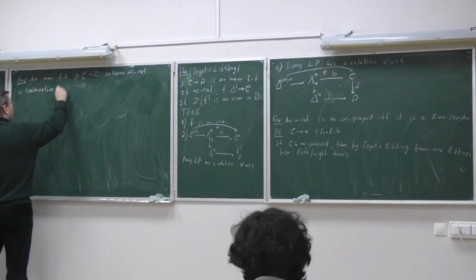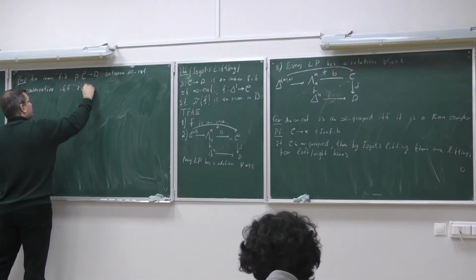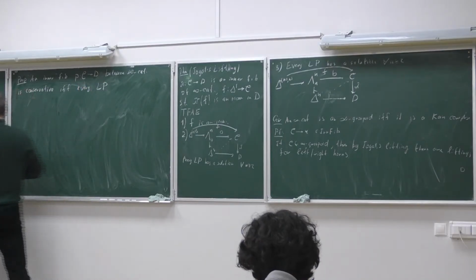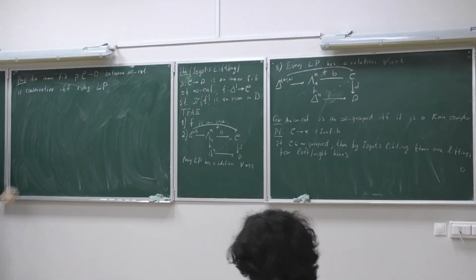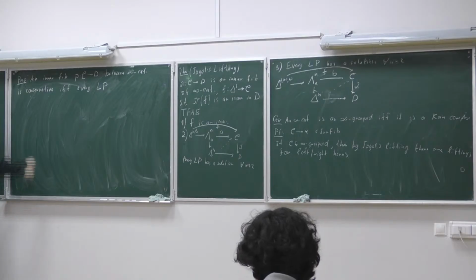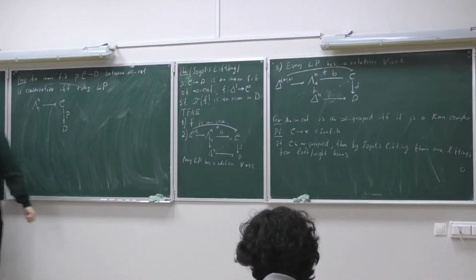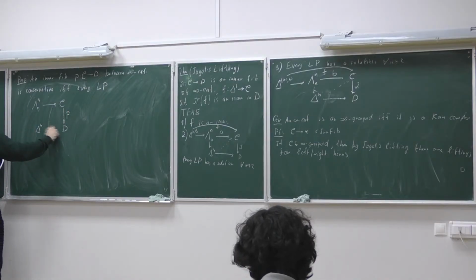if and only if every lifting problem of the following type: take the horn Lambda n 0, include this into C, with P mapping to D. So the same diagram as before.